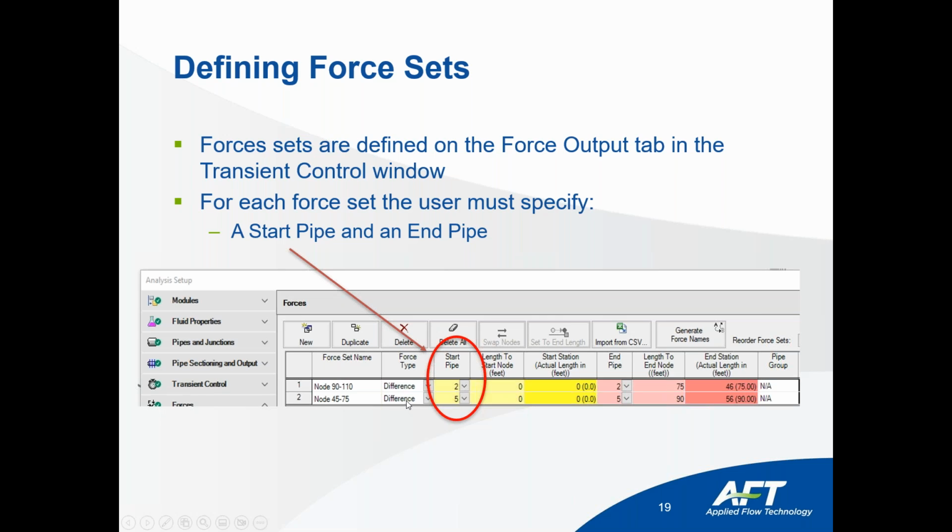Since it's one pipe for each one, for 90 to 110, it will be pipe 2, starting at 0 and finishing at the end of pipe 2. For force set 45 to 75, it will be applied in pipe 5, as we saw in the previous slide, from the starting point 0 of pipe 5 to the end of pipe 5, which has 90 feet of length.